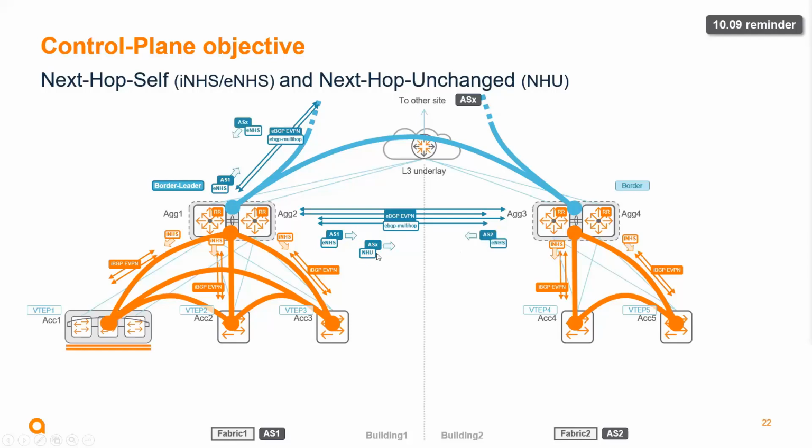We want to preserve the next hop so that border 2 will be able to construct a direct tunnel, in blue here, to the top. You can see a similar aspect: AS2 will propagate routes with the natural behavior of external BGP Next-Hop Self, and AOS-CX here will do the same. Similarly, the border leader will advertise the routes of Fabric 2 to the top side with Next-Hop-Unchanged.